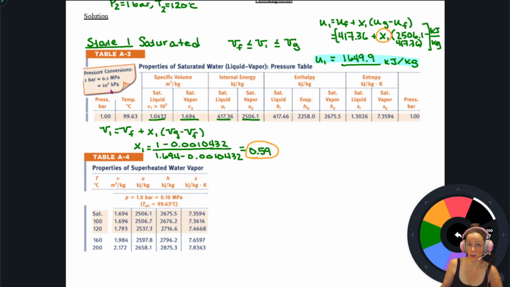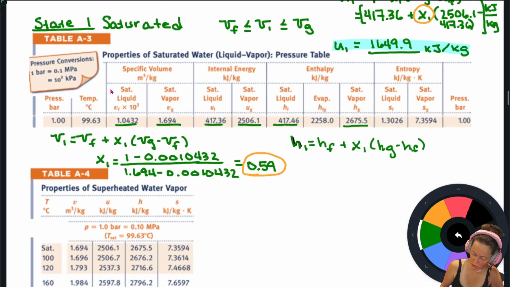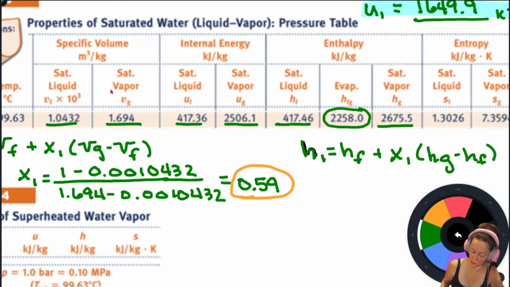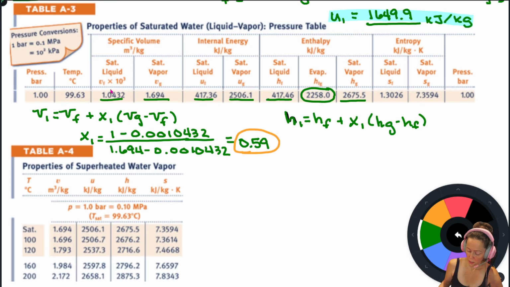And then we'll go ahead and get our enthalpy in the same manner. So I've got H1. H1 equals H sub F plus my quality times H sub G minus H sub F. Okay. Now, here's my H sub F. Here's my H sub FG. You also notice that you've got a column for H sub FG, so you could use that as well. That's just H sub G minus H sub F. It really doesn't matter.